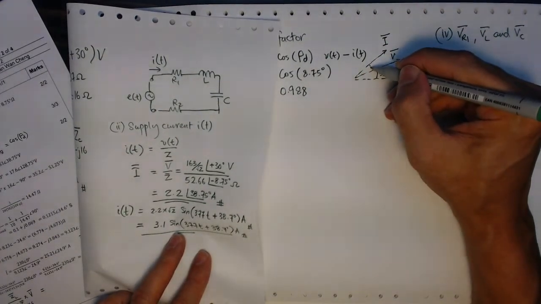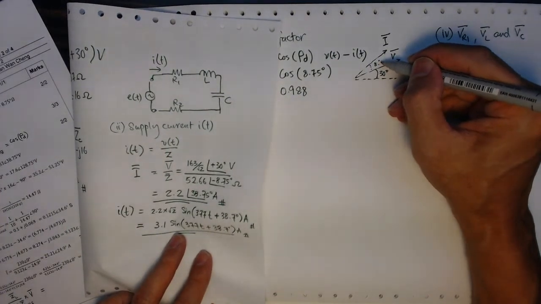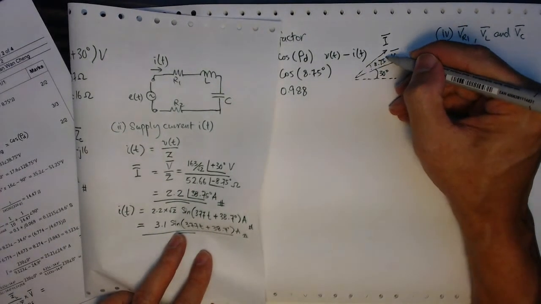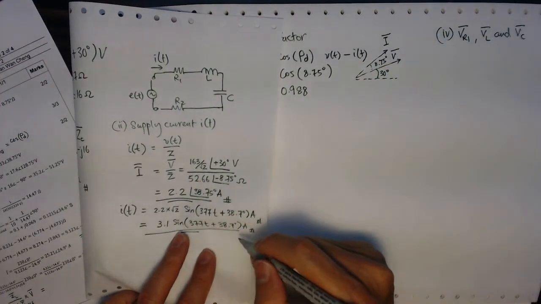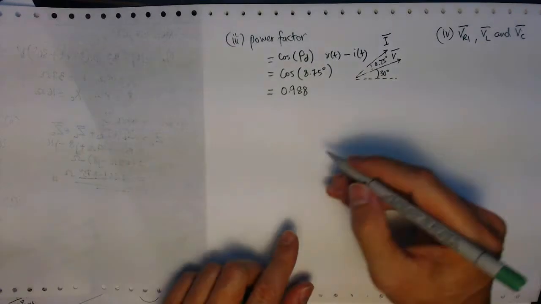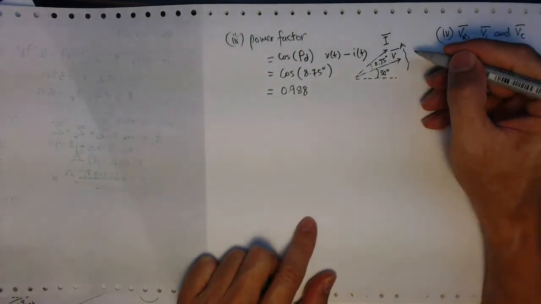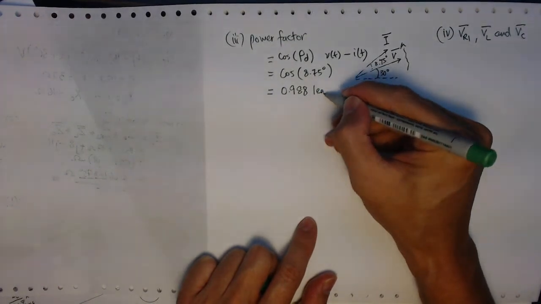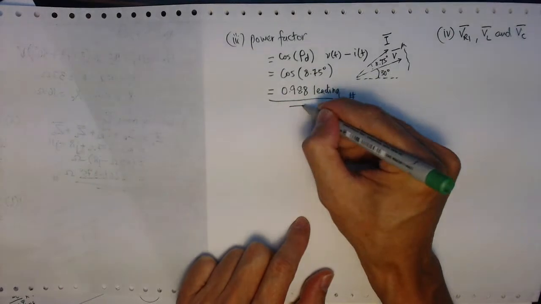Okay, so the difference here is 8.75. So current is ahead, right? Current, because I'm going this way. So current is ahead of the voltage. So current is actually leading. Okay, that's the answer for the power factor.